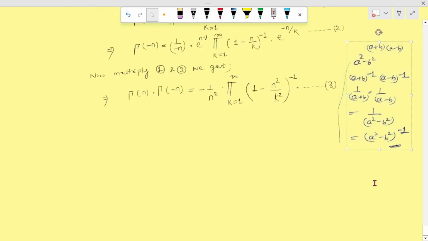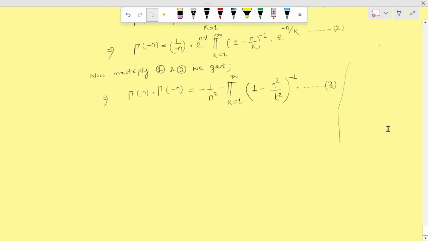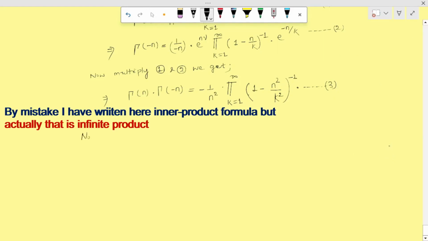Now we are going to consider the inner product formula of sin x. Okay, now consider the inner product formula of sin x by x.